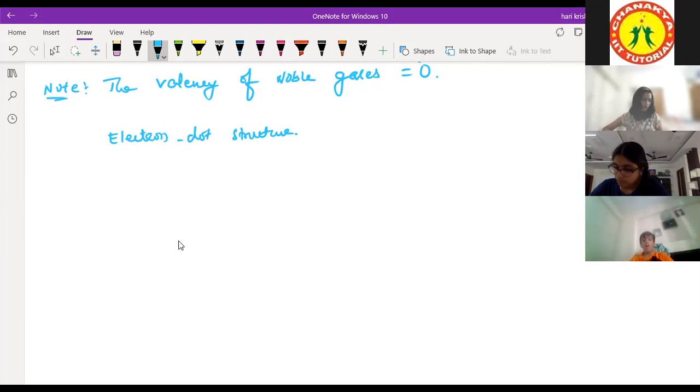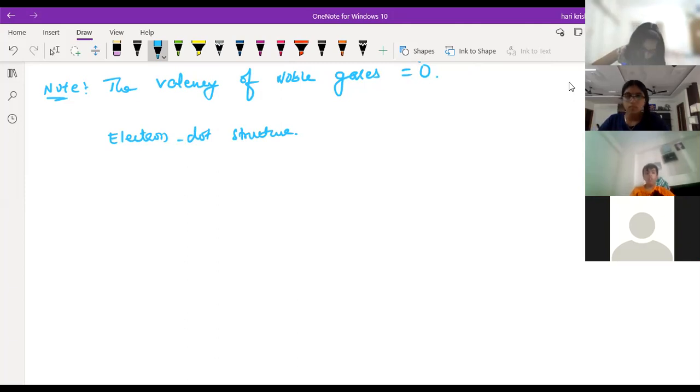Everyone. Okay. So first element electron dot structure is like this, right? Hydrogen. Helium will have the 2 electrons.